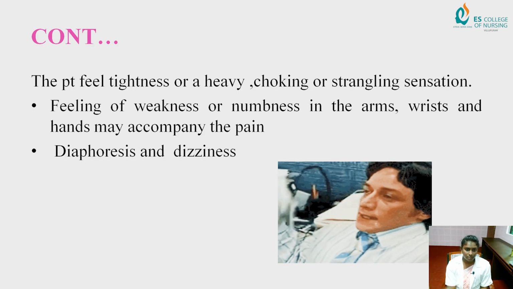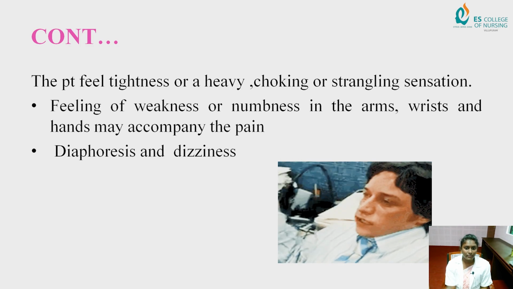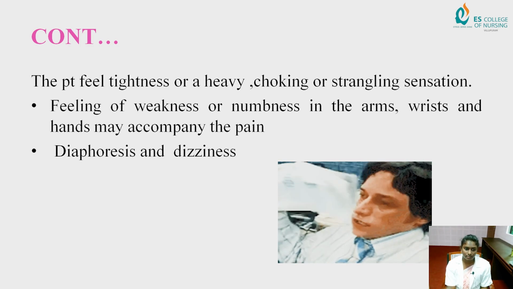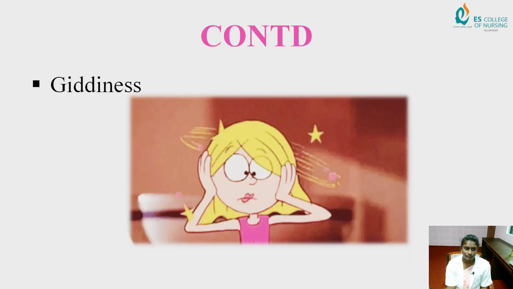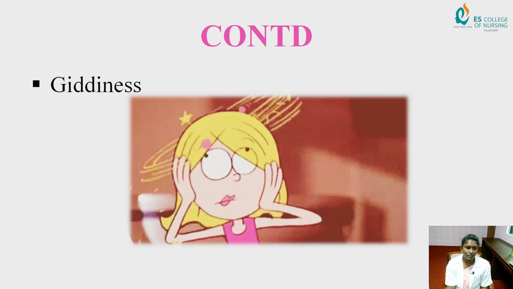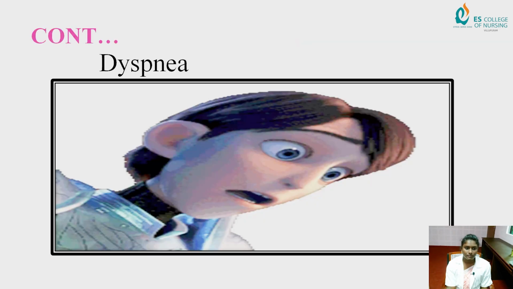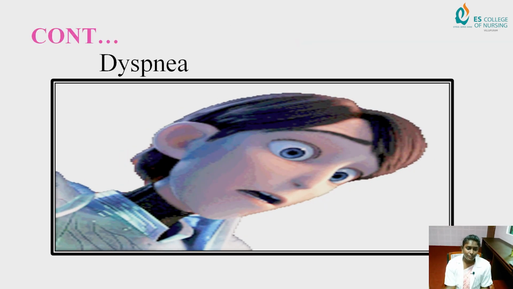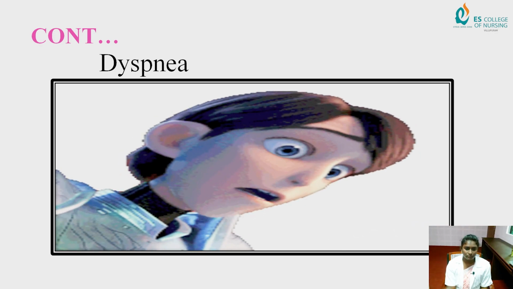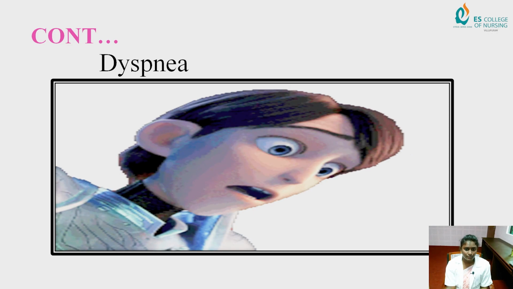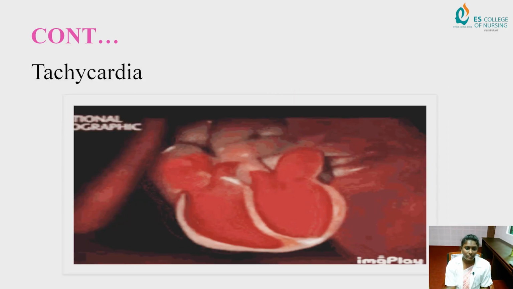Weakness or numbness in the arms, wrist and hands may accompany the pain, along with diaphoresis and dizziness. Patients may experience excessive sweating and giddiness. They may also have shortness of breath and difficulty in breathing because of lack of oxygen supply. Then tachycardia, increased heart rate.